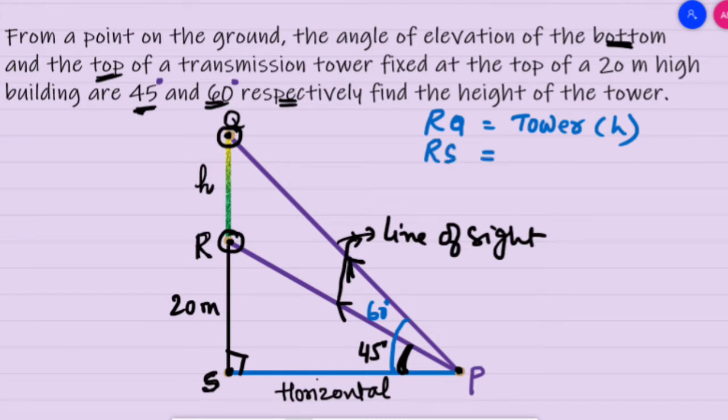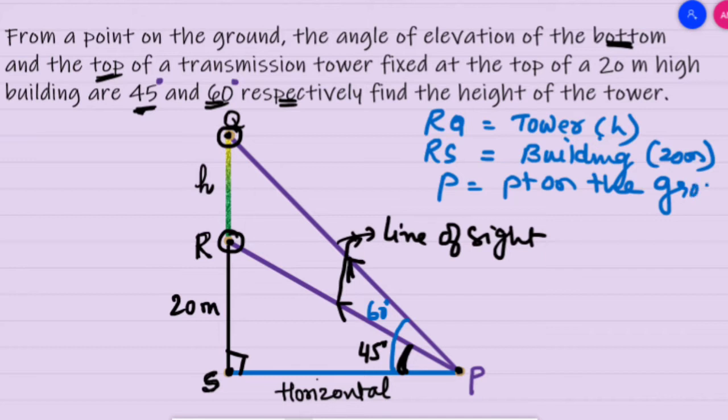RS is your building. It is a building and it is 20 meters. Height is 20 meters. P is a point on the ground.